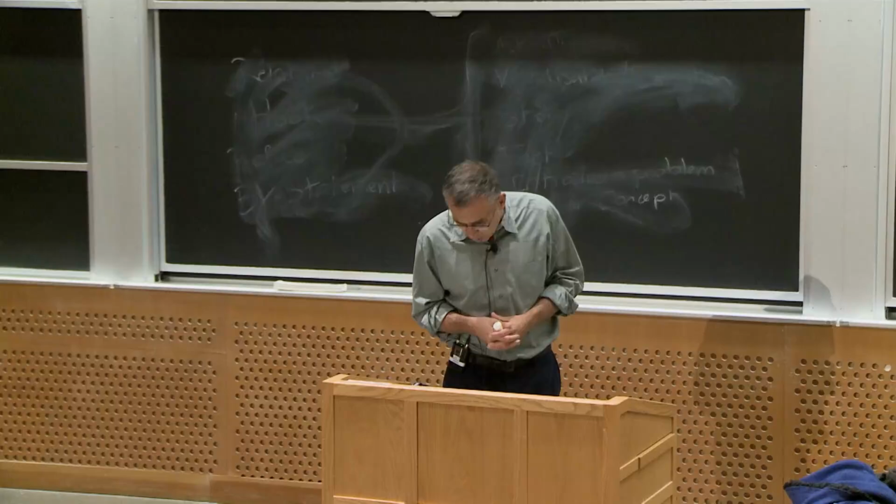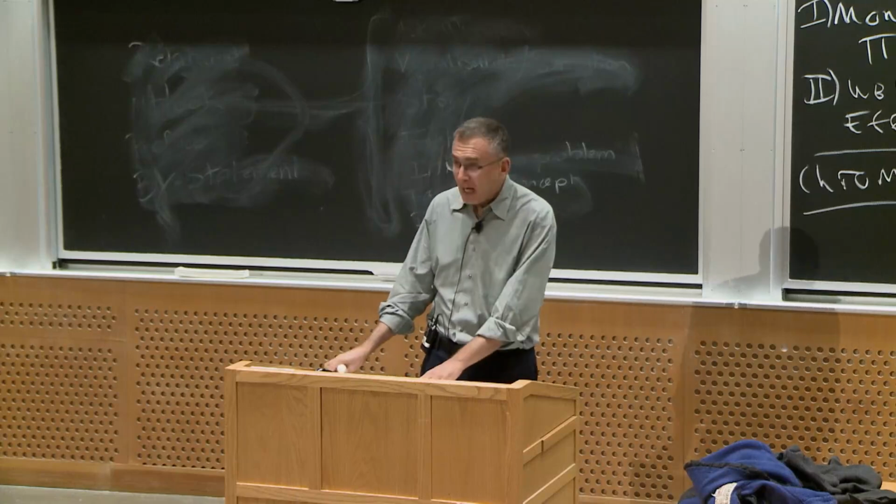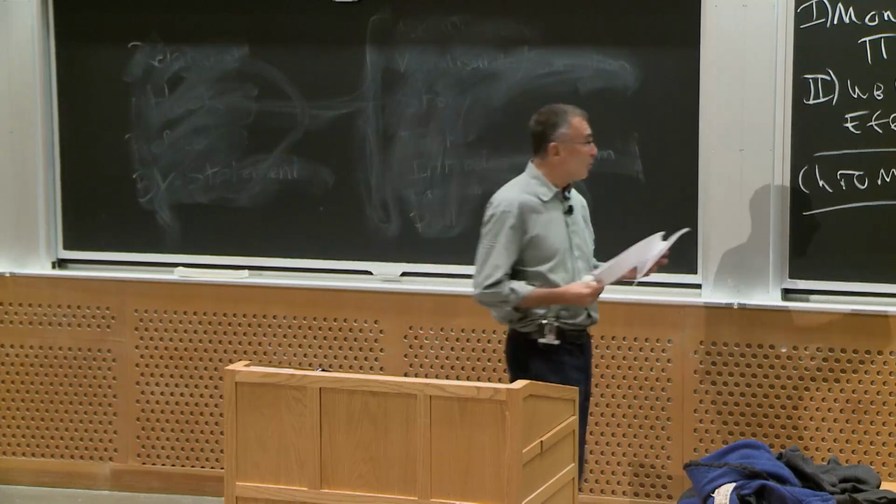So when the monopolist wants to sell one more unit, the marginal revenue they get is the amount B, which they get by selling one more unit at the price P2, but they lose the amount C. They get the amount B, but they lose the amount C. Or in other words, what does a monopolist get from selling one more unit?